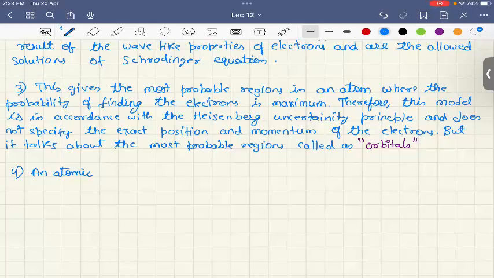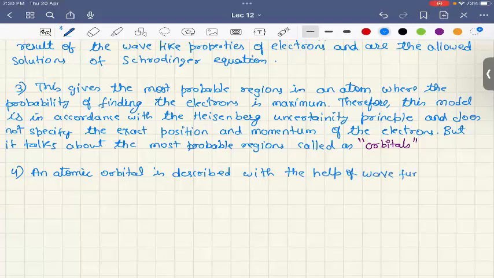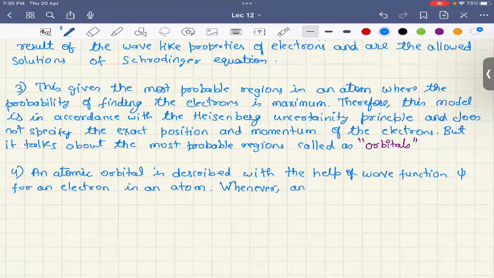An atomic orbital is described with the help of wave function, which is psi, right? For an electron in an atom, right?